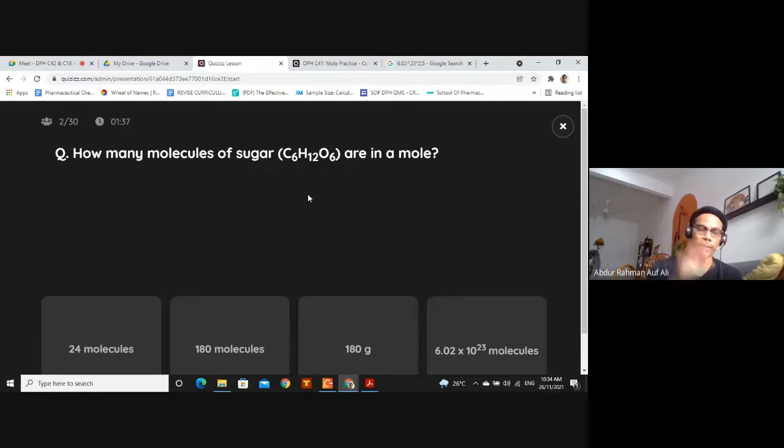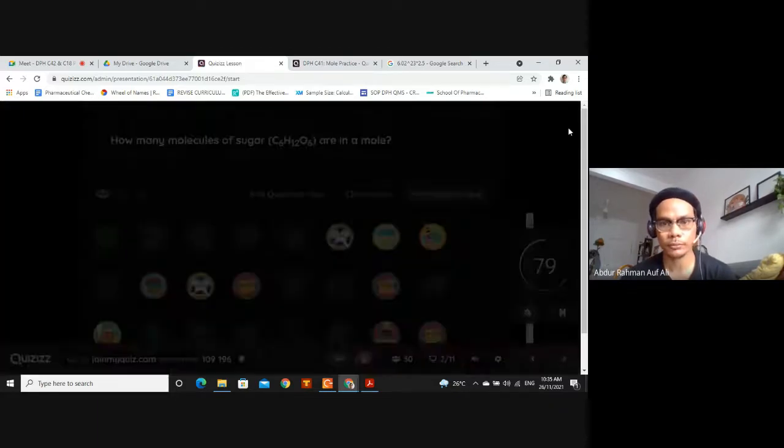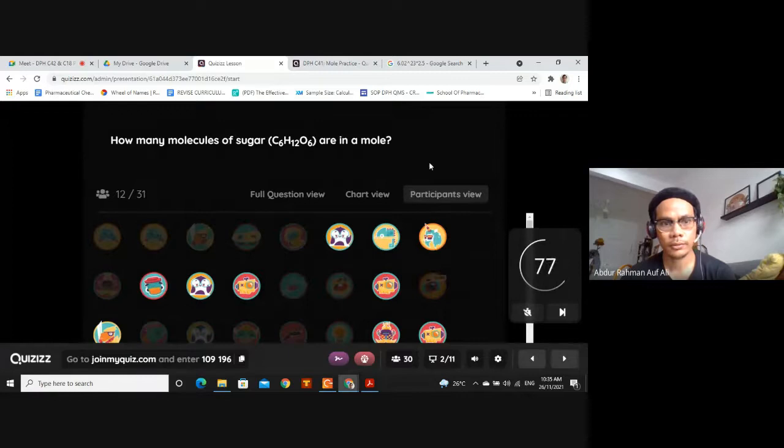So kalau kamu dah faham ni, my clue here is kamu tak perlu buat any calculation pun. If you understand the concept of mole, for this question you do not need to perform any calculation. You'll see why later kalau kamu tak faham lagi. So almost half dah jawab.